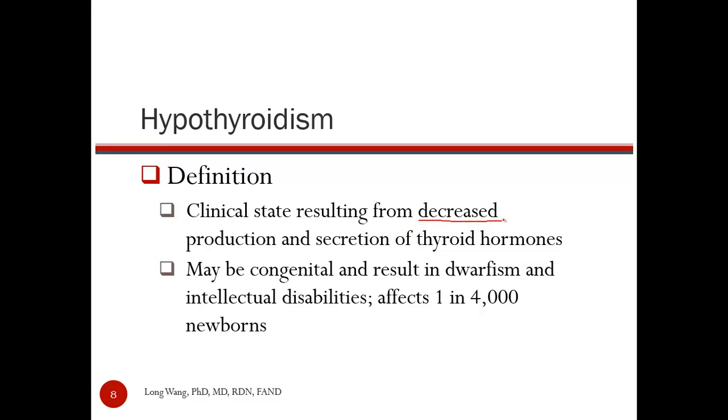So the problem is that the body does not have enough thyroid hormone, and because of the key roles played by thyroid hormone in metabolism, people who have this condition will have a lot of consequences related to compromised energy metabolism, and in certain cases their growth, their stature, their height, and also their intellectual development will be compromised as a result.